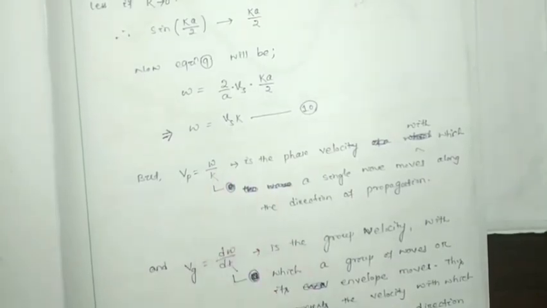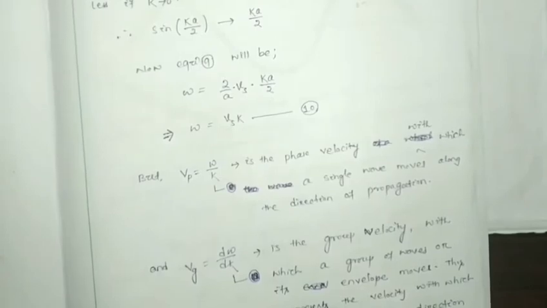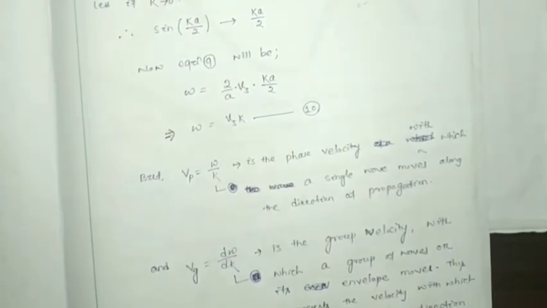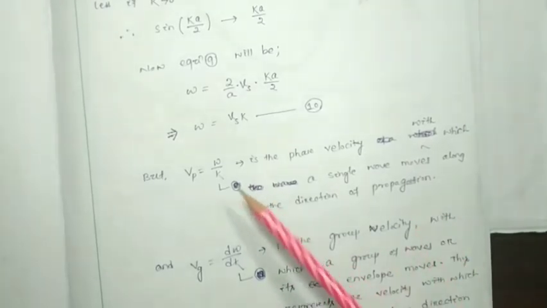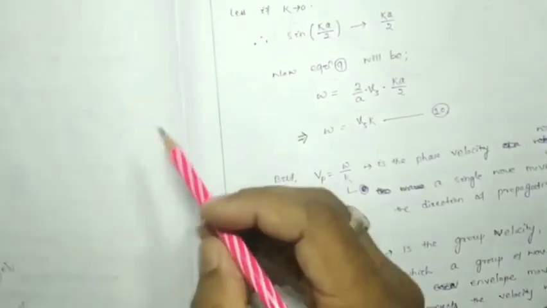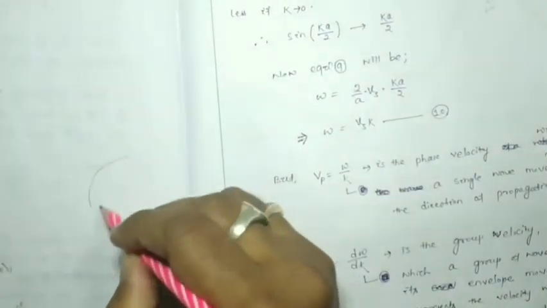Now we are going to consider the phase velocity and group velocity. As we know that whenever more than one wave having different wavelength or frequency is superimposed with each other, two terms come out, that will be phase velocity and group velocity, and it looks like a wave packet.